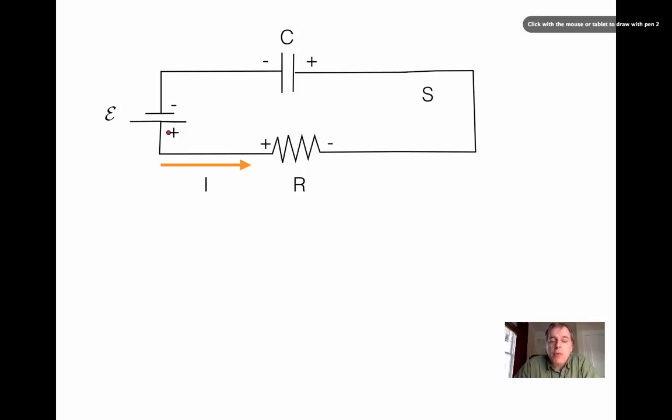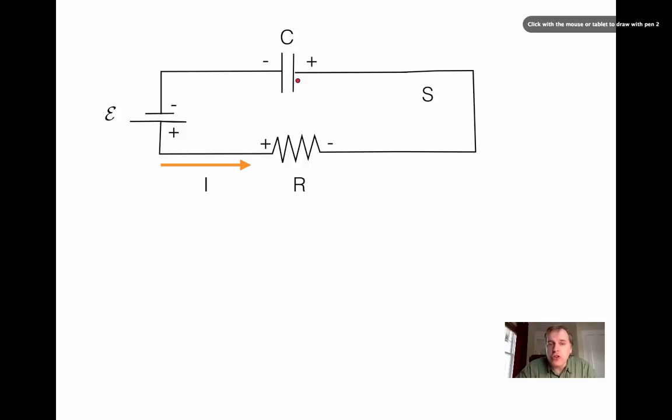We're going to work out what happens to everything in the circuit. Well, first, if you focus on the charge on the positive plate, you know that you're going to start with a zero charge because it's initially uncharged, and that charge is going to increase with time. But as time passes, as you add more and more charges here, it gets more and more difficult for the battery to add additional charges.